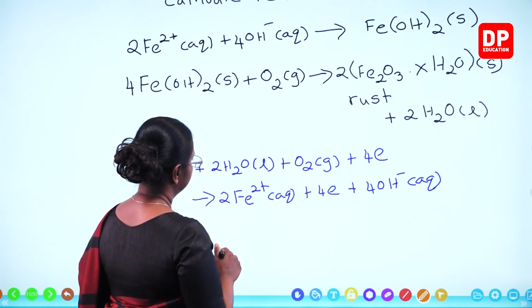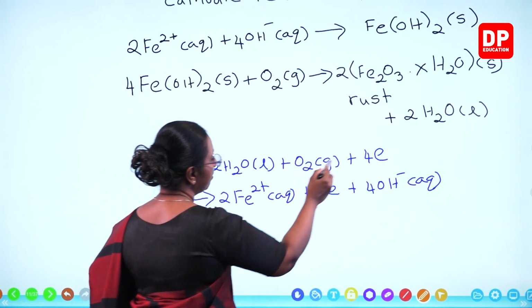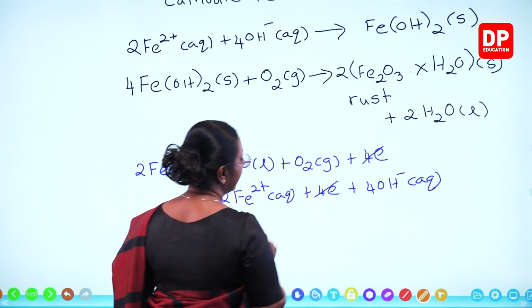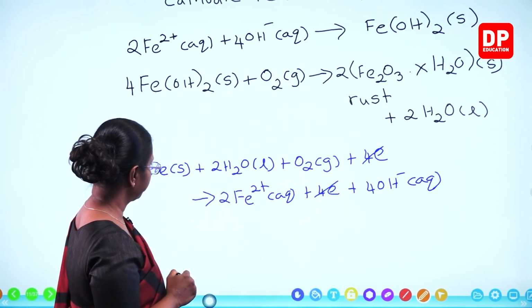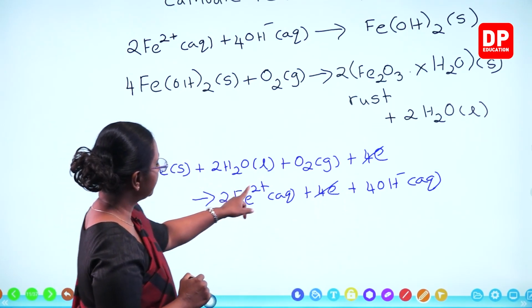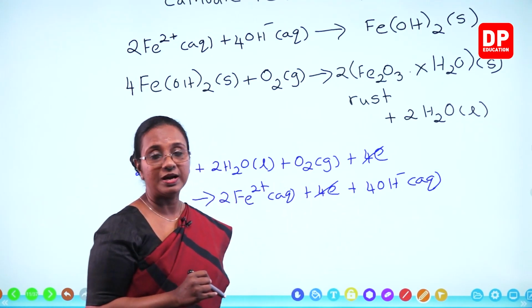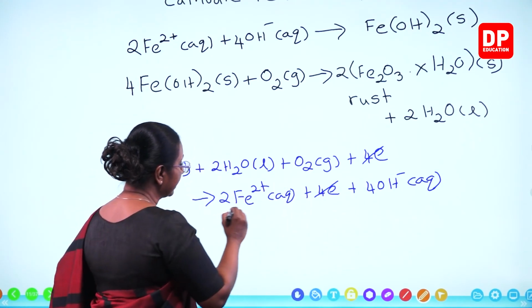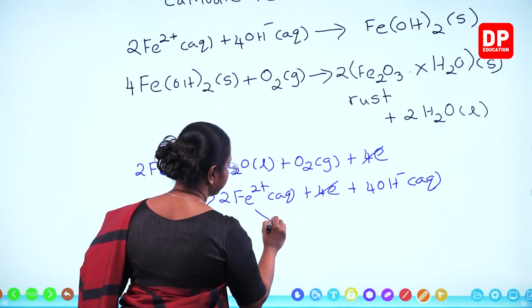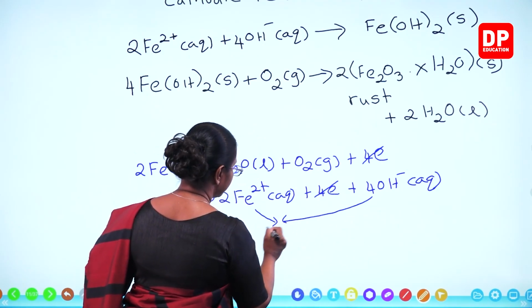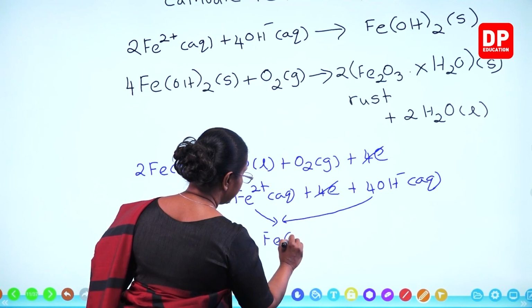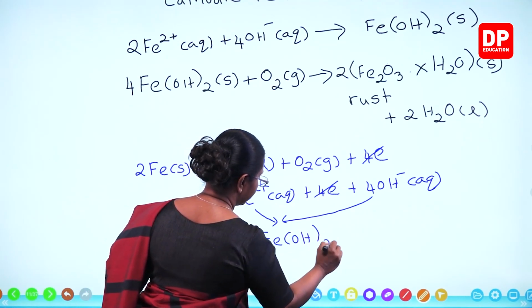From this, we can cancel off the 4 electrons here and the 4 electrons there. So here, of course, you have Fe2 plus ions and 4 OH minus ions. When they combine together, this combines with this to form Fe(OH)2.